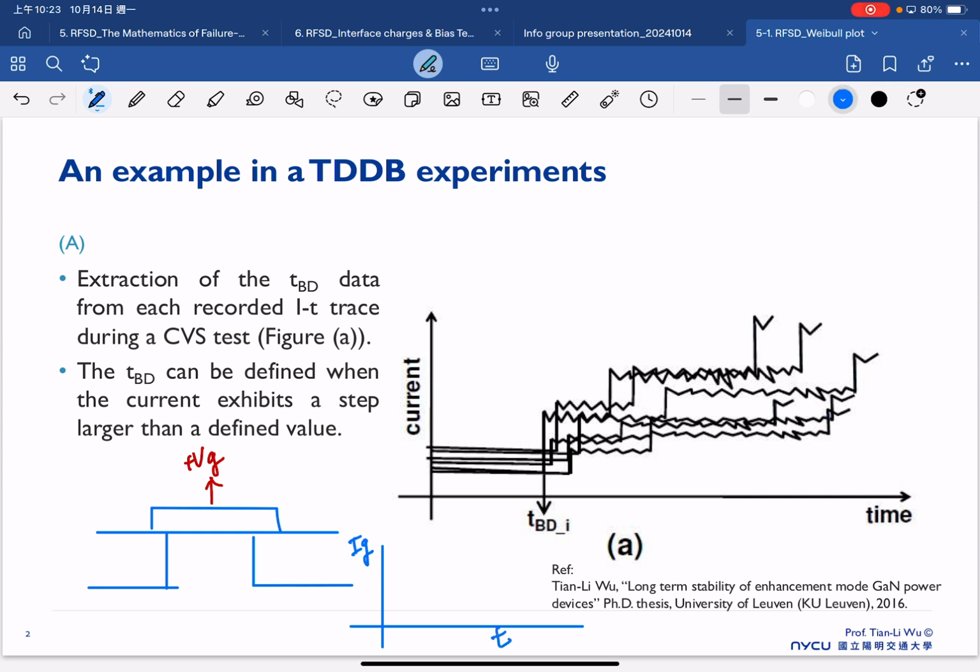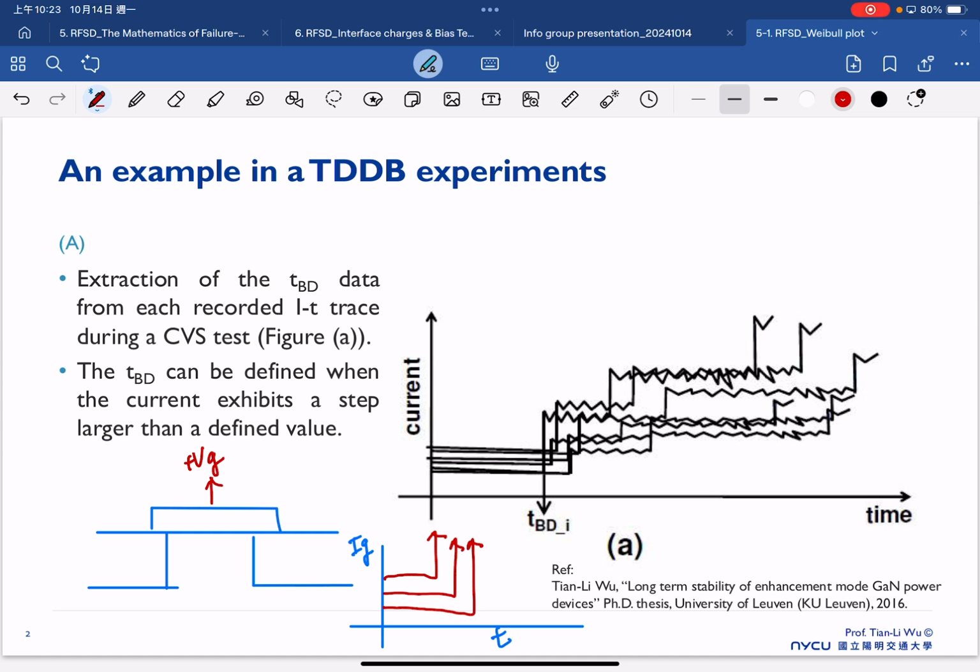If we stress for a certain time, we can start to see the current increase. And if we stress different devices, that gives us different gate leakage current versus time, this time-dependent behavior.